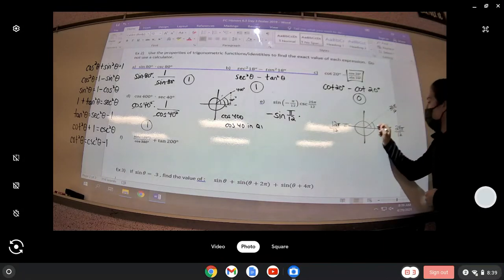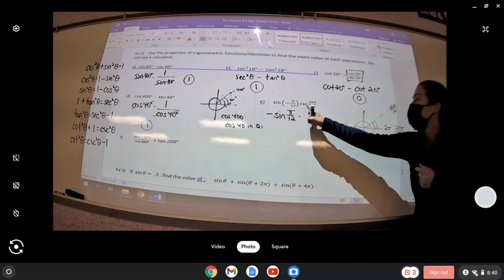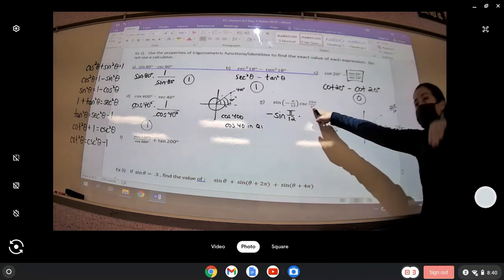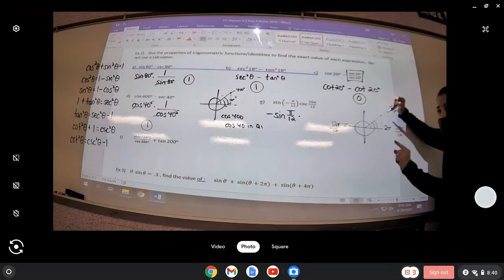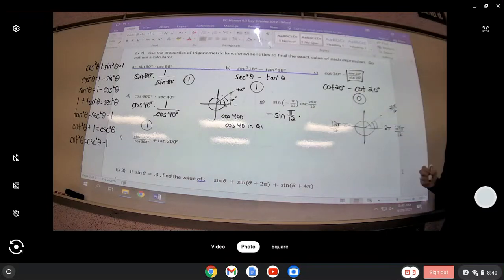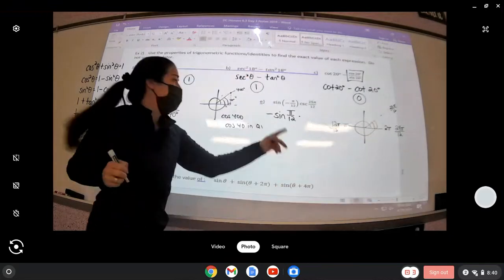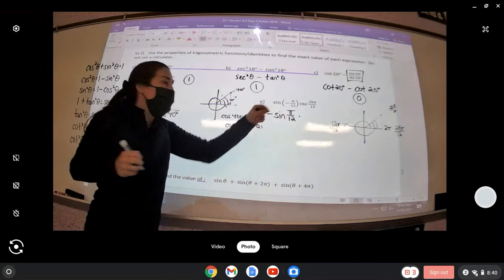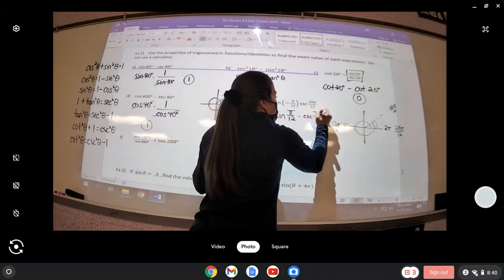So the reference angle is right here, and that's the one that we would have inside of a right triangle. So really, the cosecant of 25 pi's over 12 is the exact same thing as taking the cosecant of 1 pi over 12, but you landed in quadrant 1. And in quadrant 1, the ratios are always positive. So we would say the positive ratio of cosecant pi over 12.